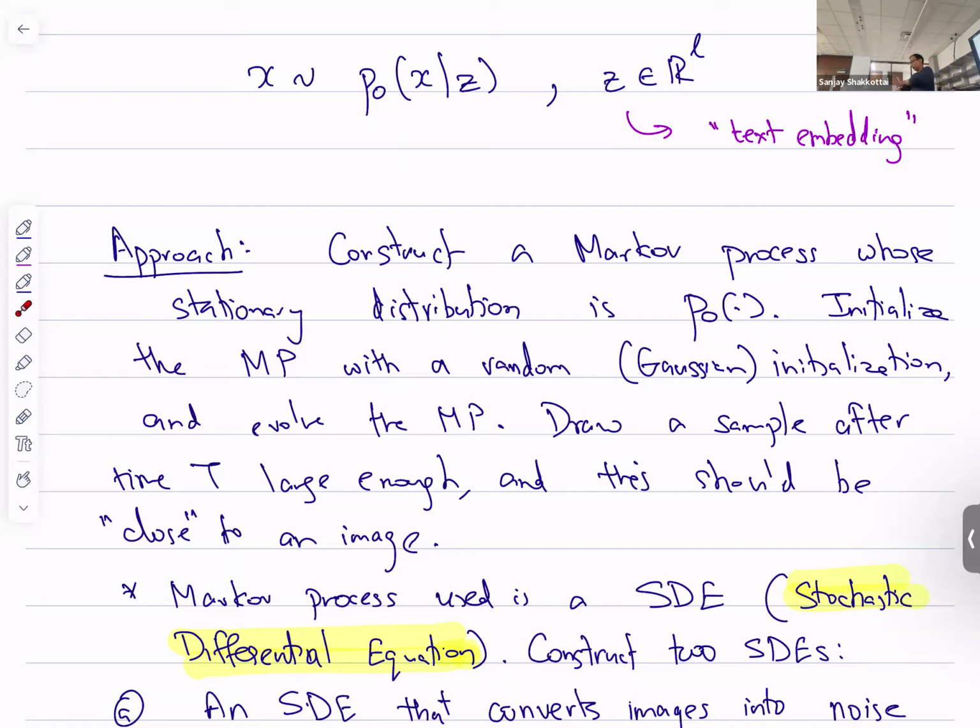Then you evolve this stochastic differential equation, and you want it such that as t tends to infinity, the distribution of this Markov process is that of just standard Gaussian noise, N(0,1), or N(0,I) if you are dealing with vectors. We are going to construct a second Markov process, whose initial condition is Gaussian, and as time evolves, as t tends to infinity, this Markov process's stationary distribution is going to be P0. We are going to do these 2 constructions.